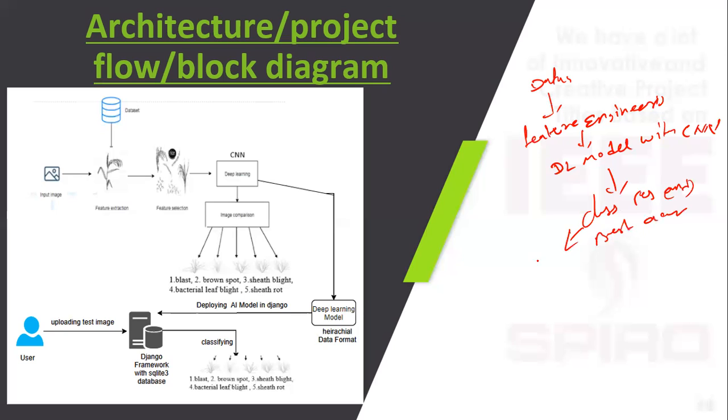After training the deep learning model, we save it in HDF5, Hierarchical Data Format 5, and deploy it in the Django framework. After the final Django web framework, we get output. You upload the test image and you get the result, classifying the result.